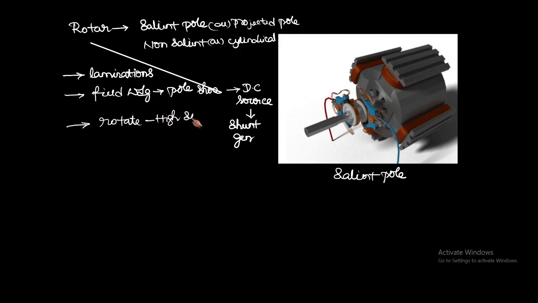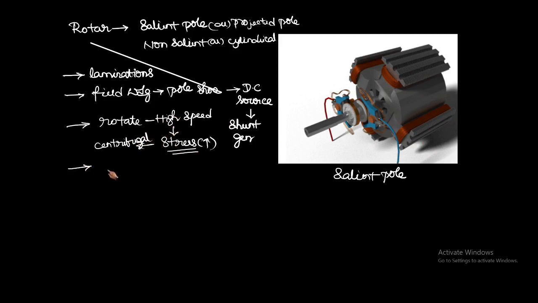Whenever it rotates at high speed, there are high mechanical stresses on the rotor, so that it may get damaged. Stresses here means centrifugal forces, which are very high because of the mechanical imbalance construction. That's why we cannot rotate at higher speed.